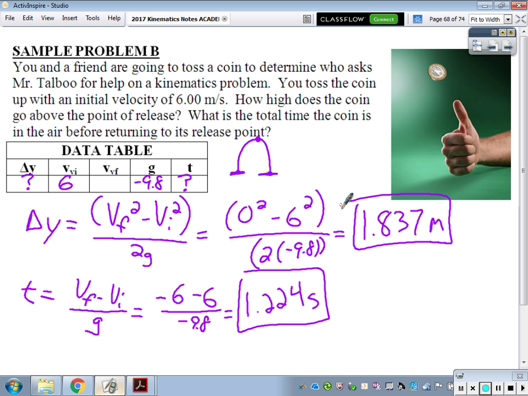Now, let's talk about what that calculation just did. That would be the calculation of the time from launch up to maximum height, because we would treat the final velocity as 0. Take that number in your calculator and multiply it by 2. Since it is a symmetrical problem, that's another way in which we can approach doing it.